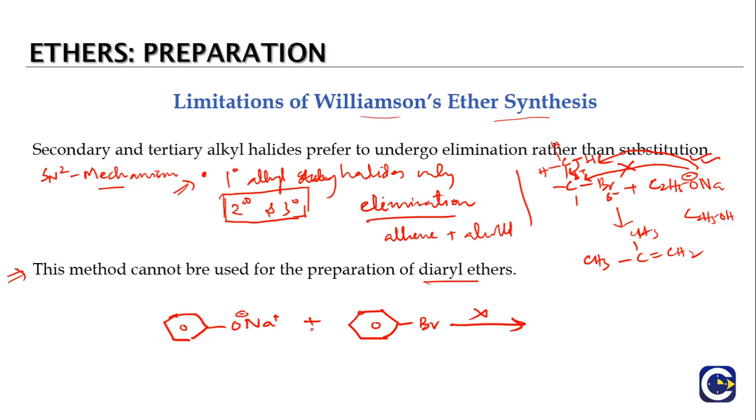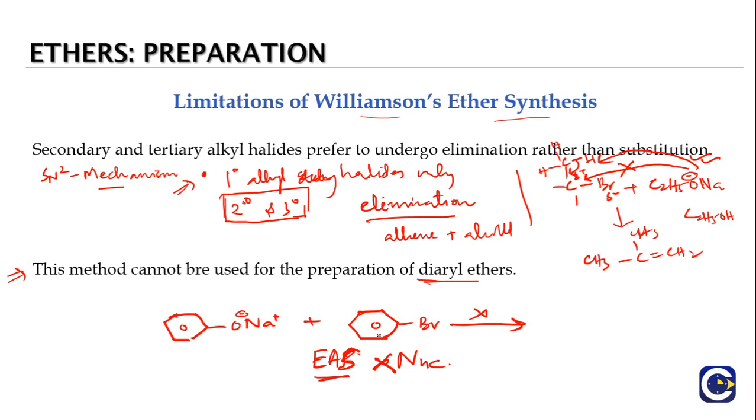Why? Because these aryl groups do not undergo nucleophilic substitution reactions. Rather, they are capable of showing electrophilic aromatic substitution reactions, not nucleophilic ones. As a result, we cannot prepare diaryl ethers, although we can prepare alkyl aryl ethers by this method, as we have seen in an example on the previous slide.